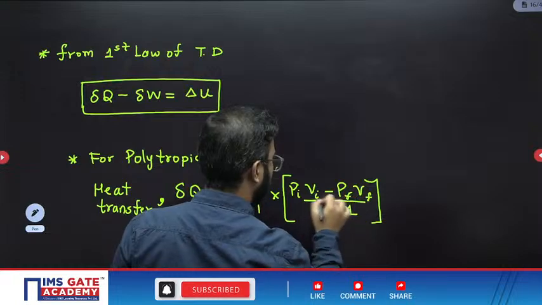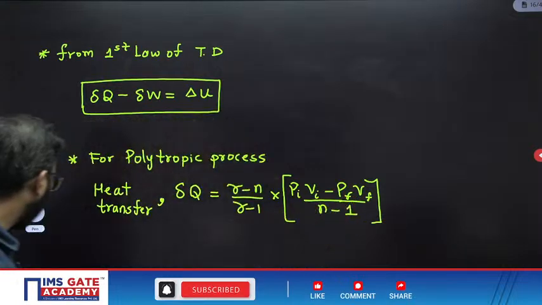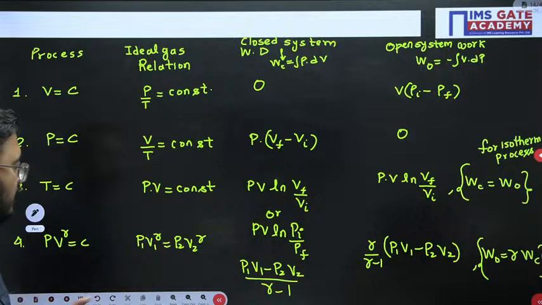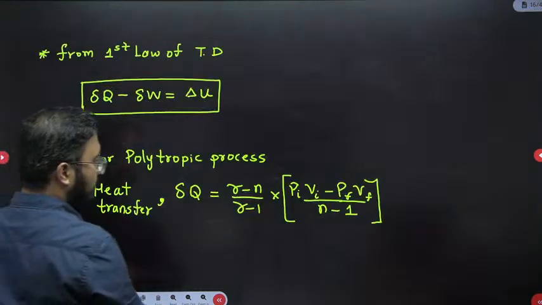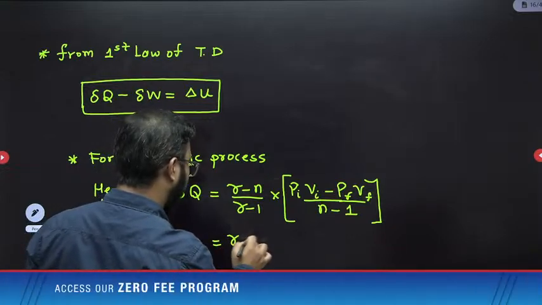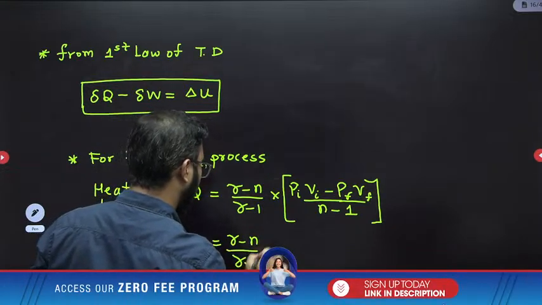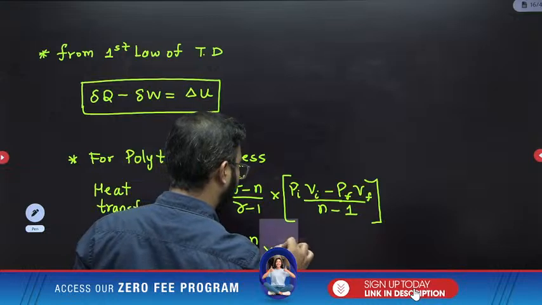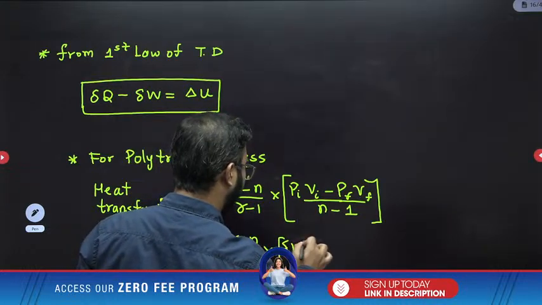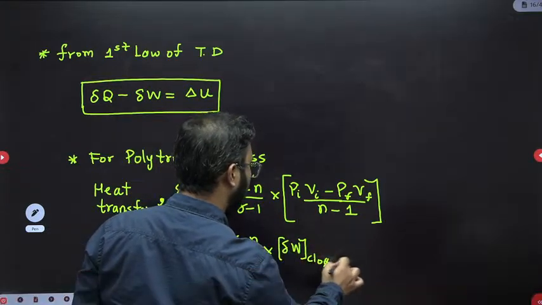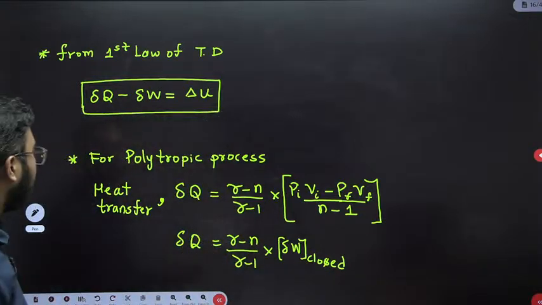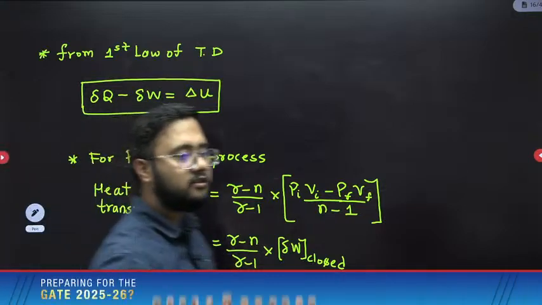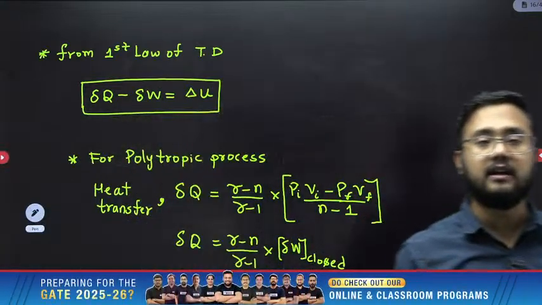Actually, this is nothing but the work done formula. You can write gamma minus n upon gamma minus 1 into the formula for the work, but that work formula is for a closed system. That heat transfer also we are writing for closed system only. So please understand, using the first law of thermodynamics you can calculate the heat transfer.